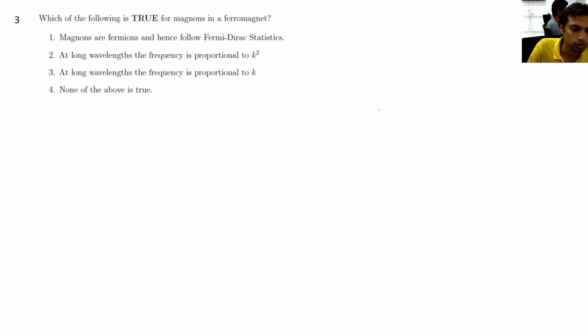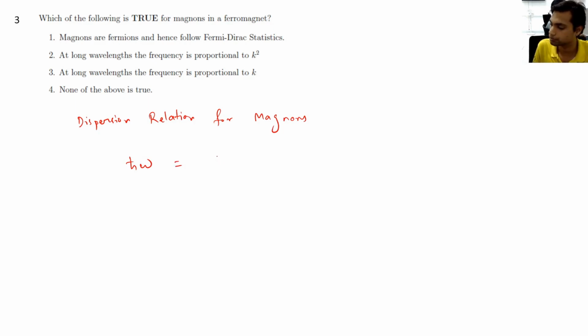If you calculate the dispersion relation of magnons in a ferromagnet, you will end up with an expression like this: h bar omega is equal to 2JS, where S is the spin and J is the constant in that Hamiltonian which determines if it is a ferromagnet.